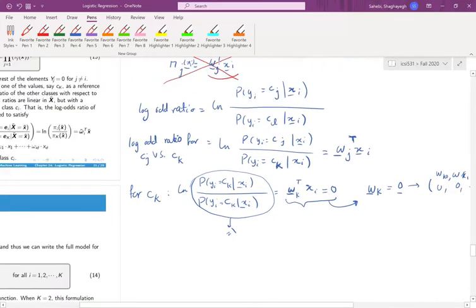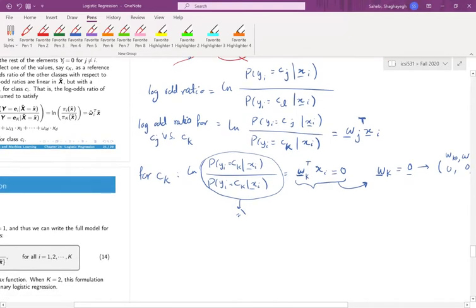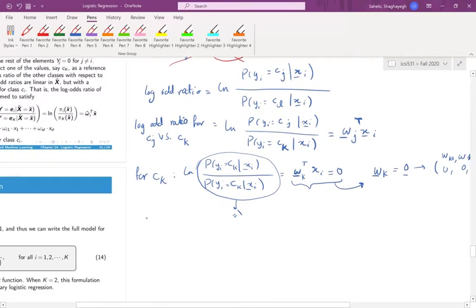Now let's see if I can get the pi function for the rest of my classes. So we can set Wk to be equal to 0. So basically we have the e to the Wk transpose xi to be always equal to 1, right?